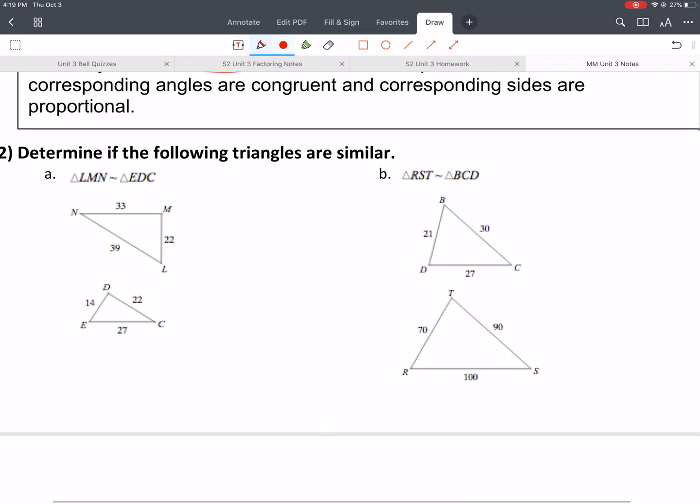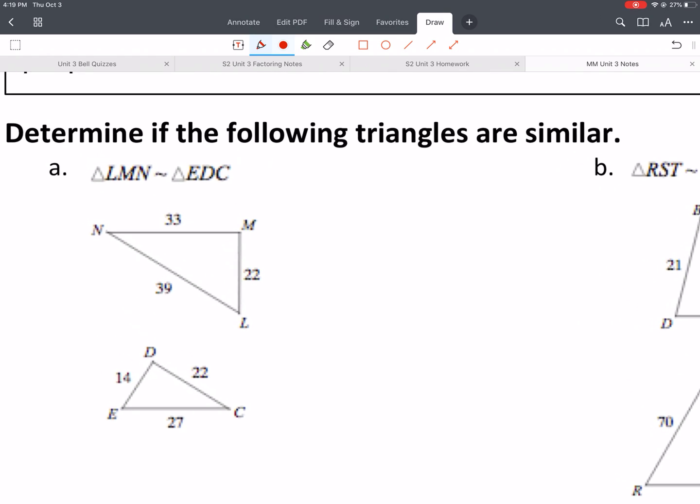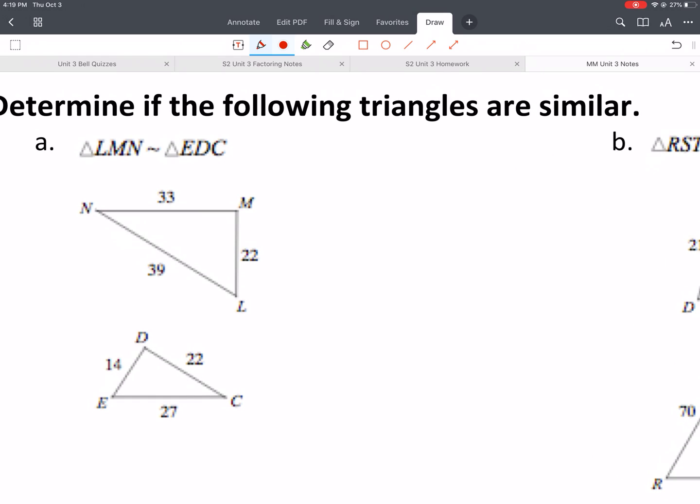We're trying to determine if the following triangles are similar. Sorry, this is a little blurry. Eventually, we're going to do kind of the same thing, where a proportion is equal to another proportion. There's two ways we could do this.